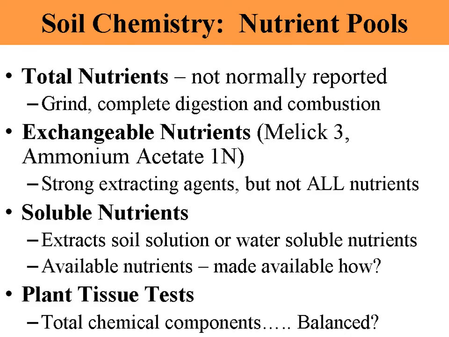How many nutrients does your plant require? When I was a munchkin, 60 years ago, what were the essential nutrients back then? N, P, K. That's all you need to grow a plant, right? It wasn't too many years after that, by the time I got into grade school, we had 6.